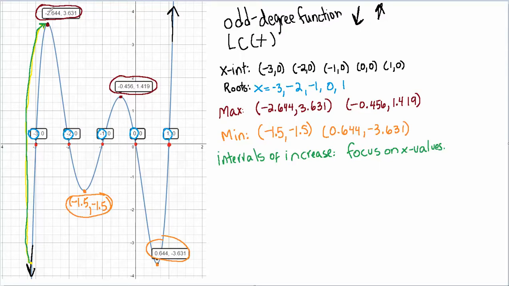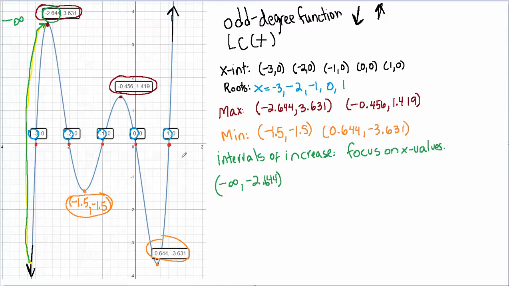So it stops at this x value, but where did it start? Well, it started at negative infinity. So from negative infinity up until x was negative 2.644, the function was increasing.